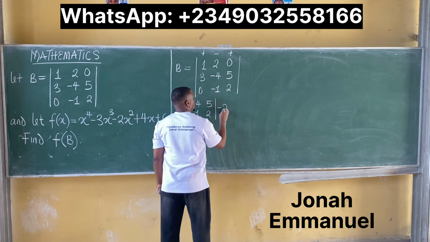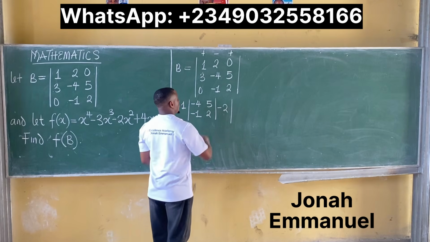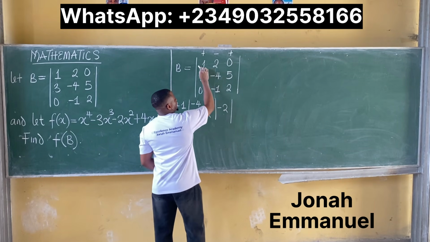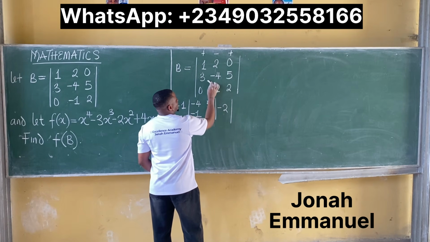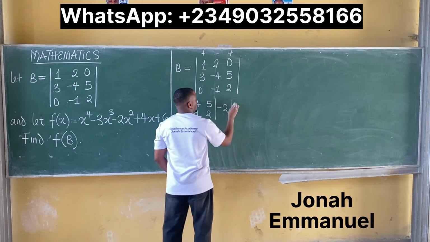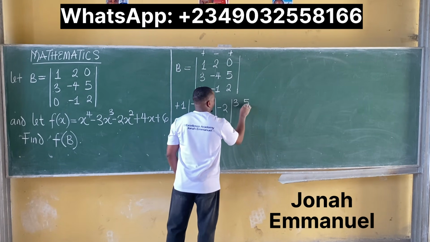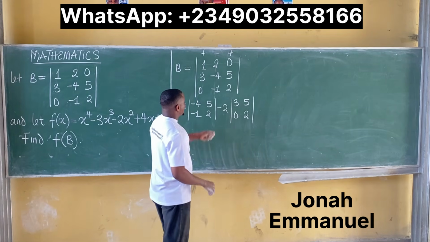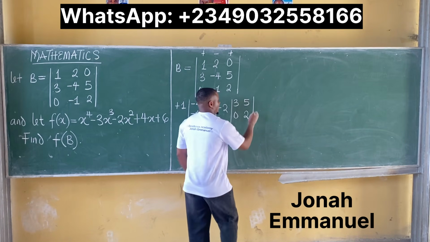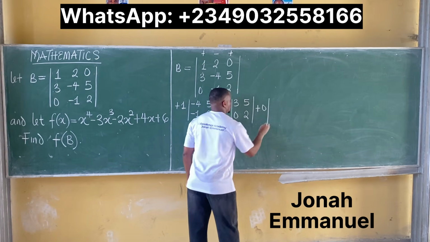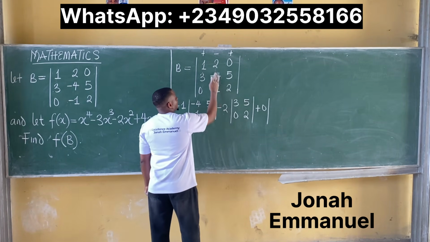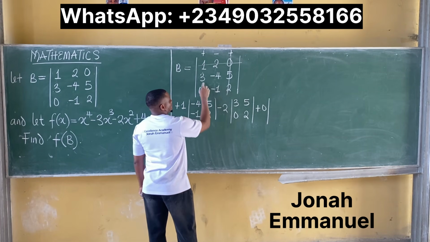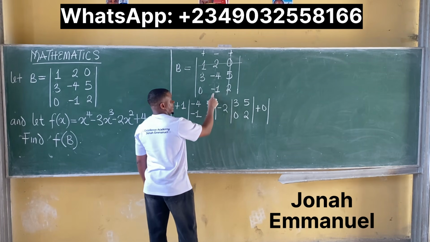Next, you have minus 2 into, for 2, I'll cover the row and the column of 2. I'm left with 3, 5, 0, 2. Then finally, you have plus 0 into, for 0, I'll cover the row and the column of 0, left with 3, minus 4, 0, minus 1.